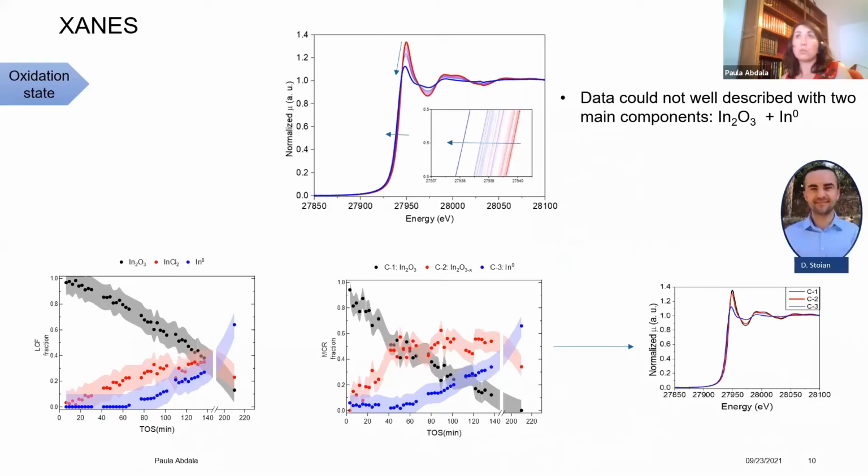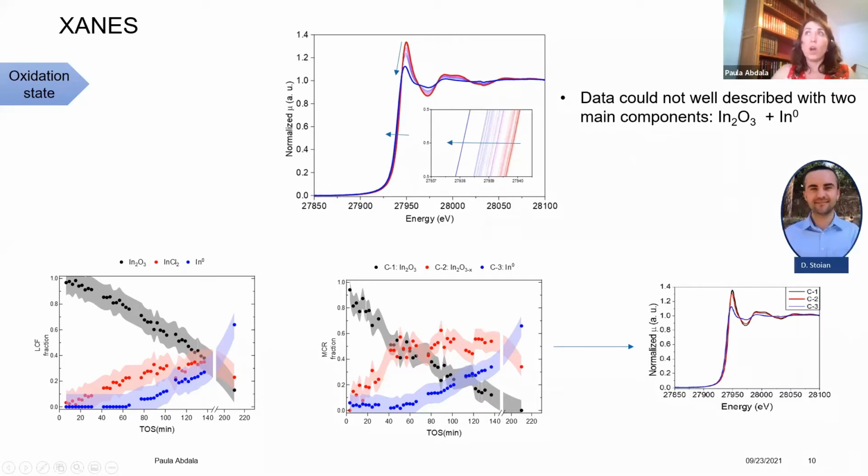So looking first at the XANES data, our first attempt was to analyze this data with linear combination fitting using the two references that we had available, indium oxide and metallic indium. However, the data was not well represented by only these two references.